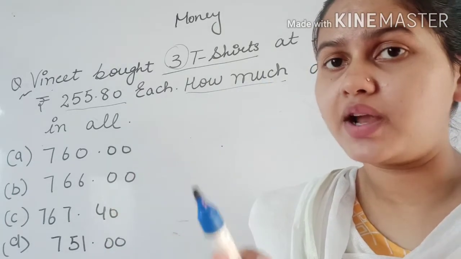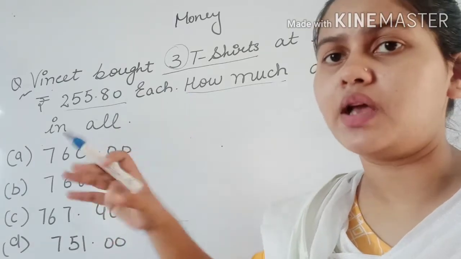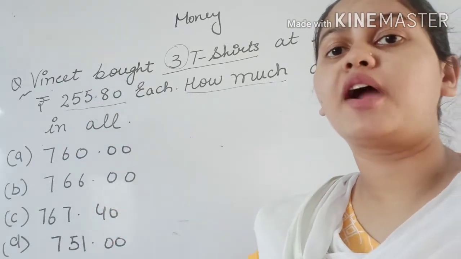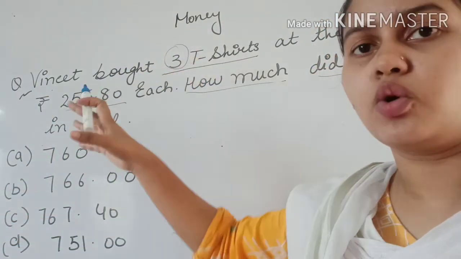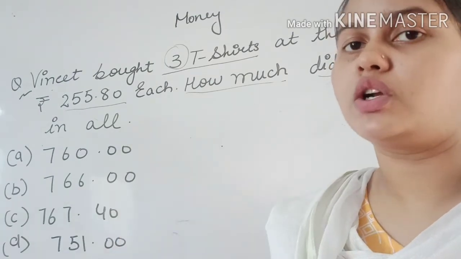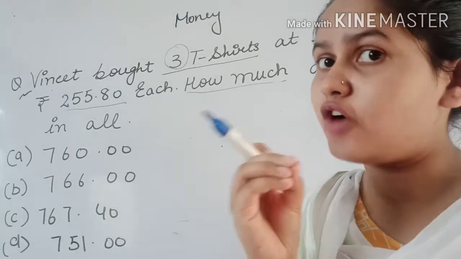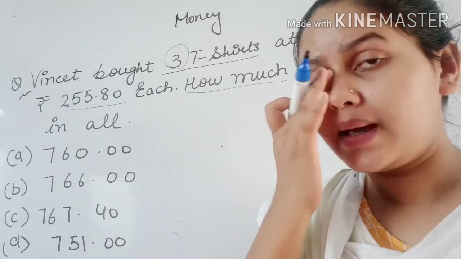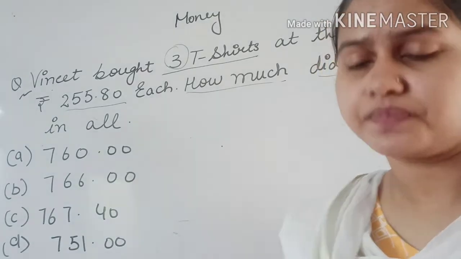Always remember that point: where we have one quantity, or one CP or SP, and we have to find the cost of so many things, right? There are 3 things, we have to find the cost of every t-shirt, the cost all together, which means we have to do addition, and multiplication is a form of addition. When we do multiple addition, that is called multiplication.